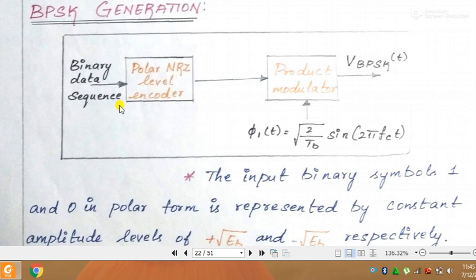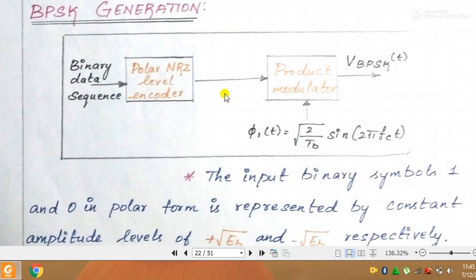In polar form, the binary symbols are represented by constant amplitude levels of plus or minus root Eb. If it is 1, it produces plus root Eb. If it is 0, it produces minus root Eb. This encoding is performed by a polar non-return to 0 level encoder.